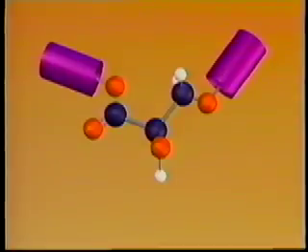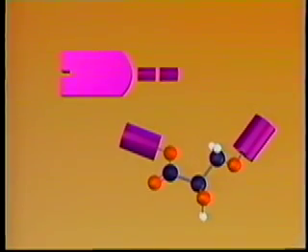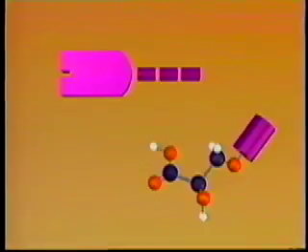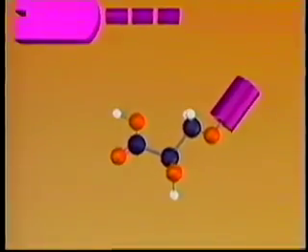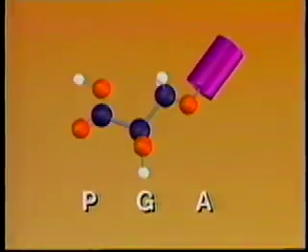Reaction 7. The molecule of DPGA encounters ADP. A phosphate is transferred to form ATP, leaving behind phosphoglyceric acid, or PGA.